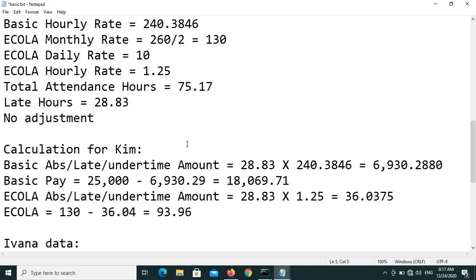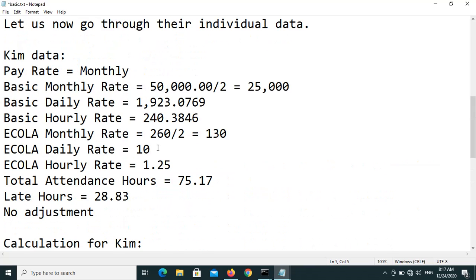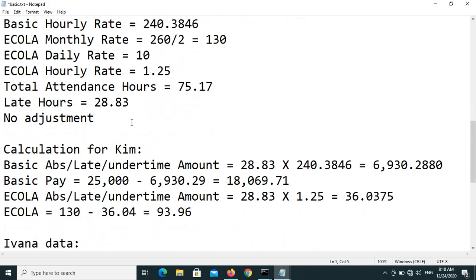Now, how do we calculate for basic pay for Kim? Remember that her pay rate is monthly. Okay. So first, let us know the equivalent amount of the absences, late, and undertime. So she has accumulated 28.83 hours of late.